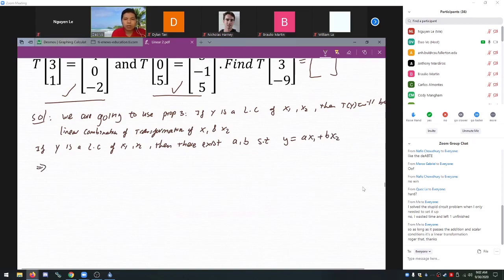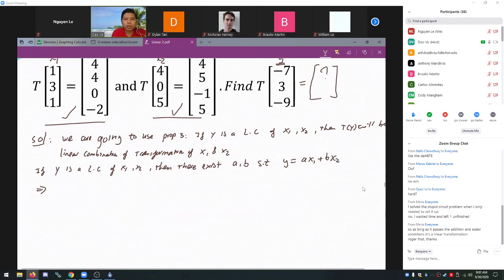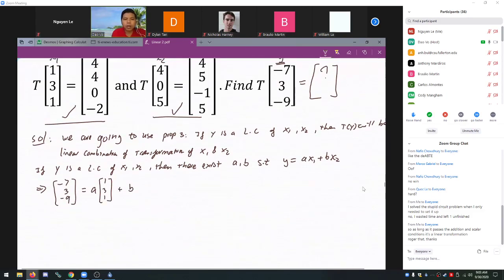Because of that, we will have this connection: (-7, 3, -9) is equal to a times (1, 3, 1) plus b times (4, 0, 5).